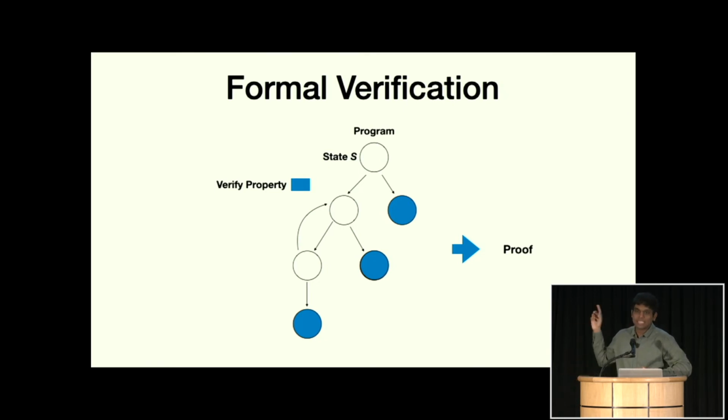There are 3 end states of the program, and if all those states satisfy this property, then the formal verification should give you a proof of the property being held in all these end states. However, if one of these end states actually violates your property, then formal verification gives you a counterexample, which is a trace from your program. So it's a concrete trace for a concrete execution of the program path.